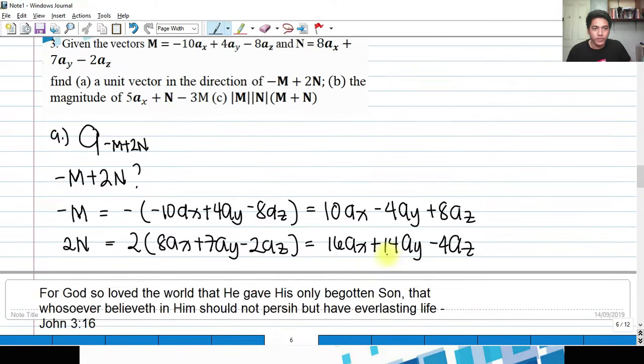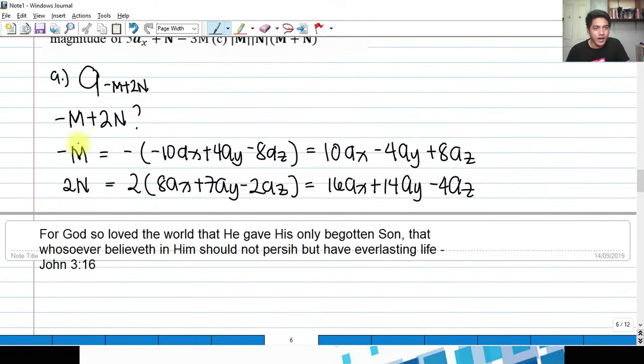And if we're going to perform the vector algebra of this, negative m plus 2n, we will add this by components.